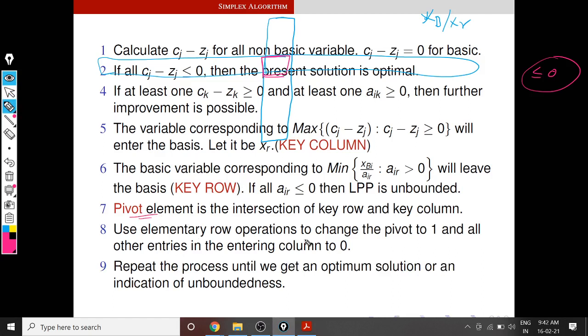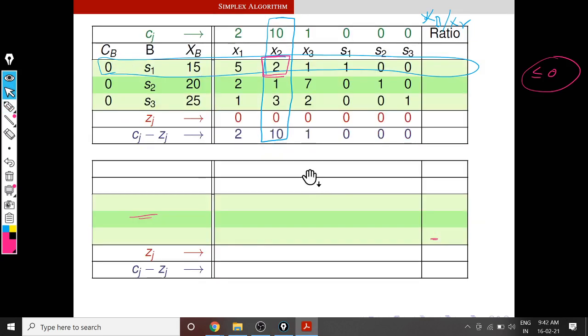Use elementary row operations to change the pivot element to 1, and all other entries in the corresponding column to 0. So using row operations, we have to convert the pivot to 1. How do we make the pivot 1?